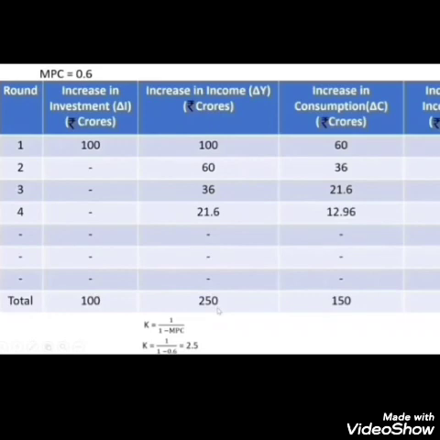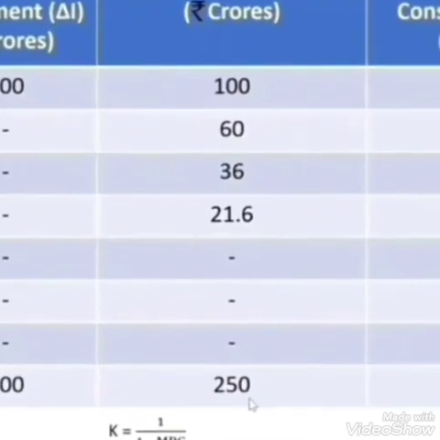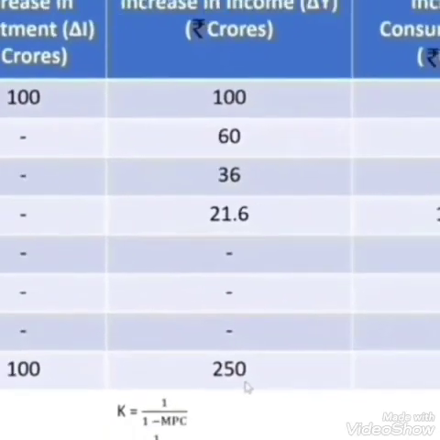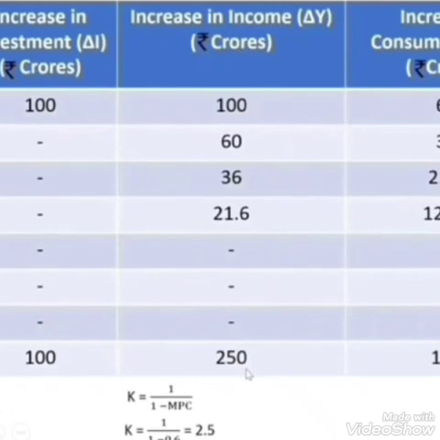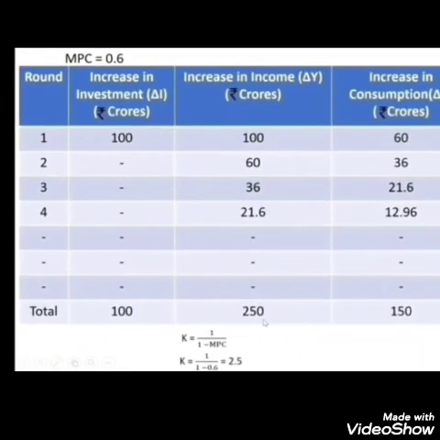In the third case, the 60% that we consumed was the income for the third party. So in this case we can consume 60% of 36, that is 21.6, and the remaining 14.4 is to be saved.